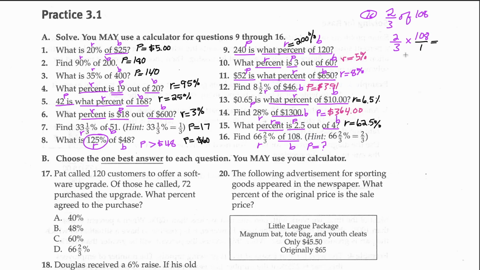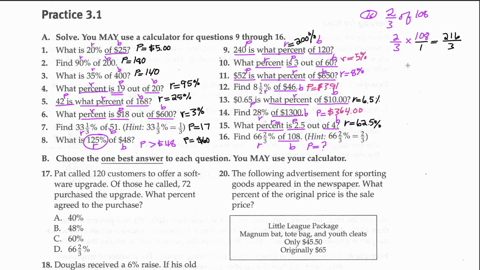Okay, you have a choice. You either multiply 2 times 108 and 3 times 1, or you can see if you can cancel the 3 and the 108. So in this case, I'm just going to multiply 2 times 108, which will give me 216. Put it on the top, and 3 times 1 is 3.